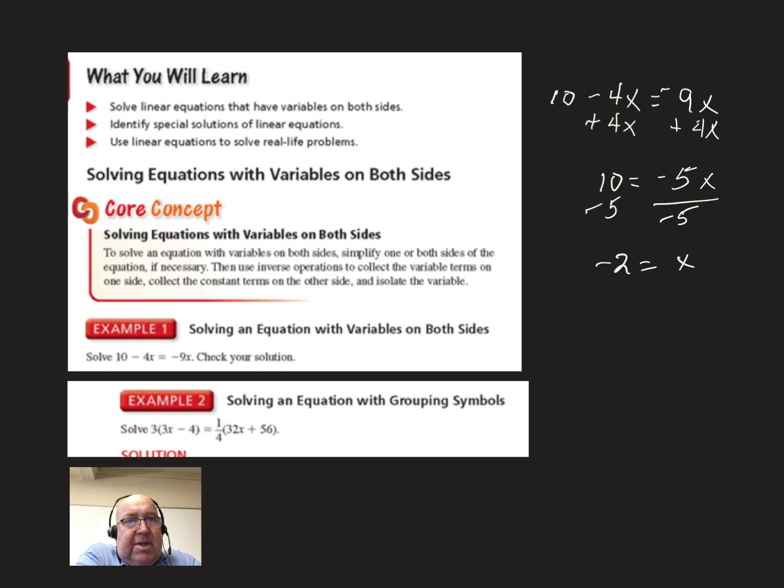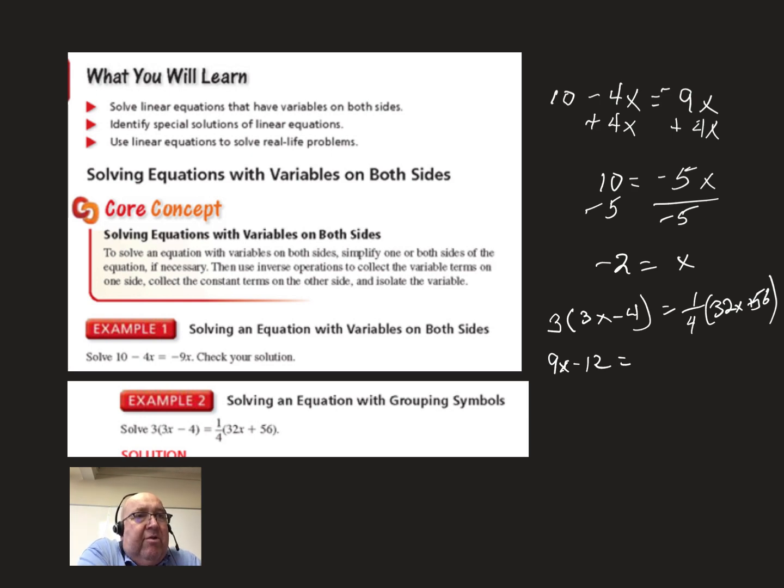Gets a little bit more complicated when you have grouping symbols. So this type, we're going to have to distribute both sides. Alright, so we're going to get multiplied by 3, we get 9x minus 12.